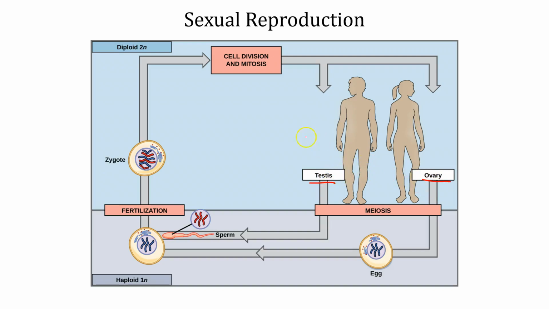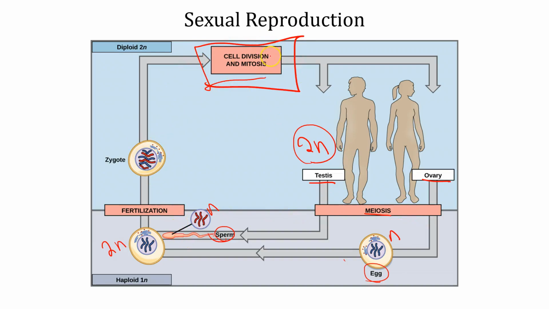Through that process, a diploid cell in the gonad is committed to going through meiosis, and in the ovary it will form eggs, in the testes it forms sperm, and these are both haploid. Two haploid cells then come together to form the diploid zygote, and that's where mitosis takes over. So meiosis makes the gametes, they form the zygote, and from then on it's mostly mitosis creating diploid identical cells.